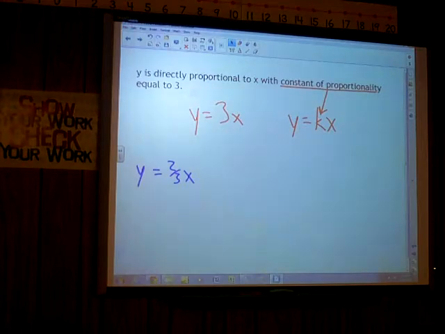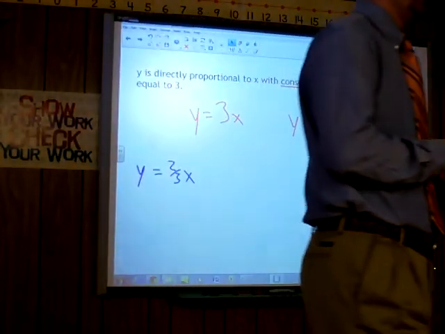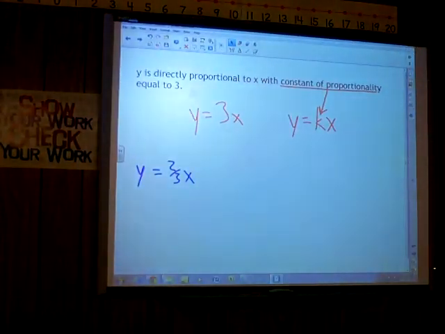Now, apply that same idea here to number 3. T varies directly as s. Uh-oh, we don't have y's and x's anymore. Which one is the y, or the dependent variable here?